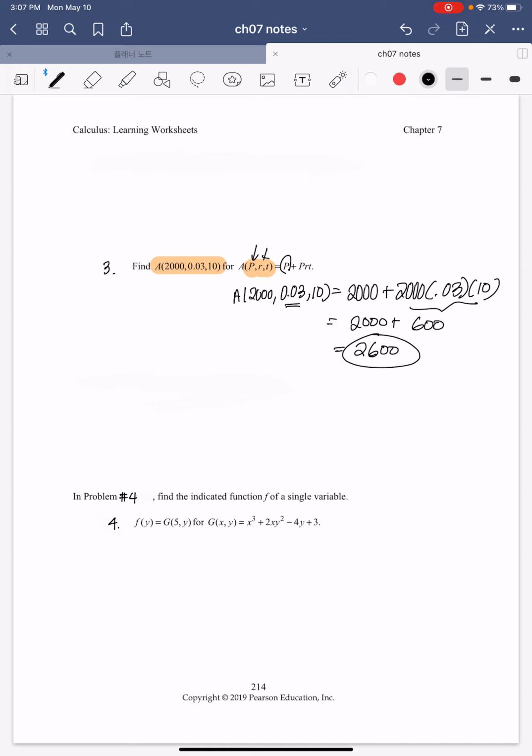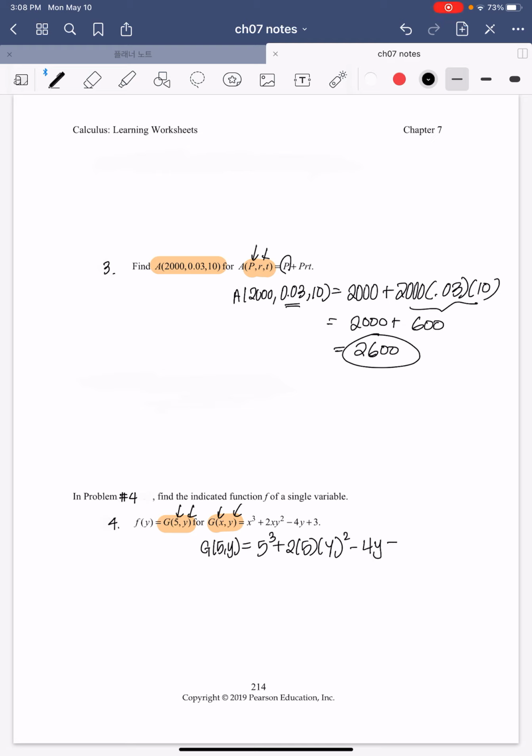Sometimes you may not be given every value. So take a look at this one. x is given, y is unknown. So in this case, you will just replace y with just y. So g of 5 comma y: this will be my x value. So wherever you see x, you're going to replace it with 5. 2 times 5, but y just remains the same because we are not given any value for y.